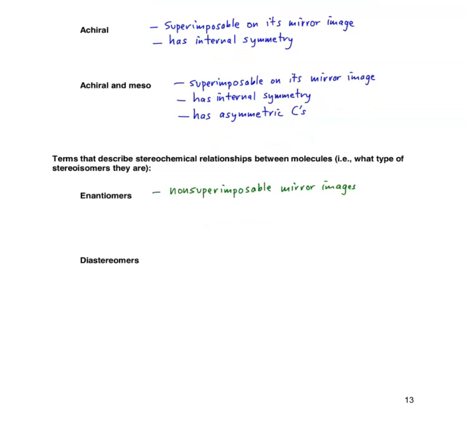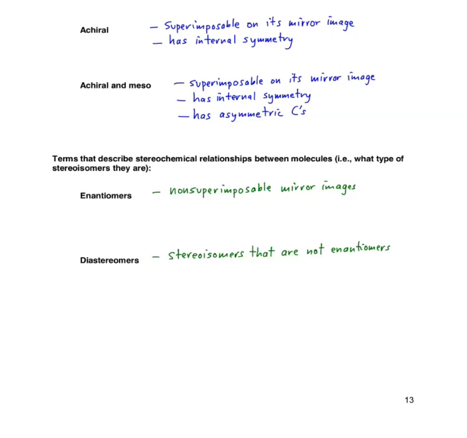Now let's define diastereomers, because we haven't done that yet. Diastereomers, and this definition is probably the broadest and simplest you'll ever see: stereoisomers that are not enantiomers. So in other words, everything else. So diastereomers are stereoisomers that are not enantiomers.